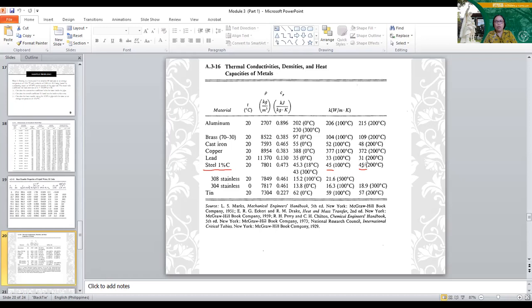You can use a value that is more specific for steel, the one that is available in your handbook. If the problem is silent about the percentage of carbon in your steel, you may assume that it's 1% carbon. So in this case, we can use the value 45 watt per meter Kelvin for the thermal conductivity of our steel. Okay, again, we go back to our board.